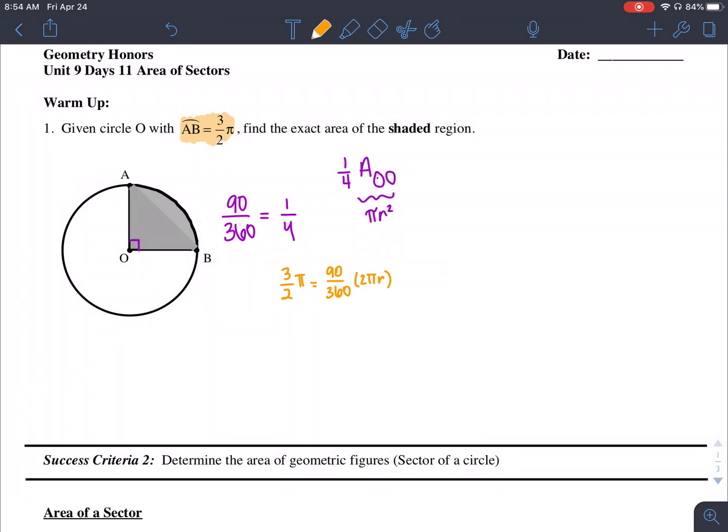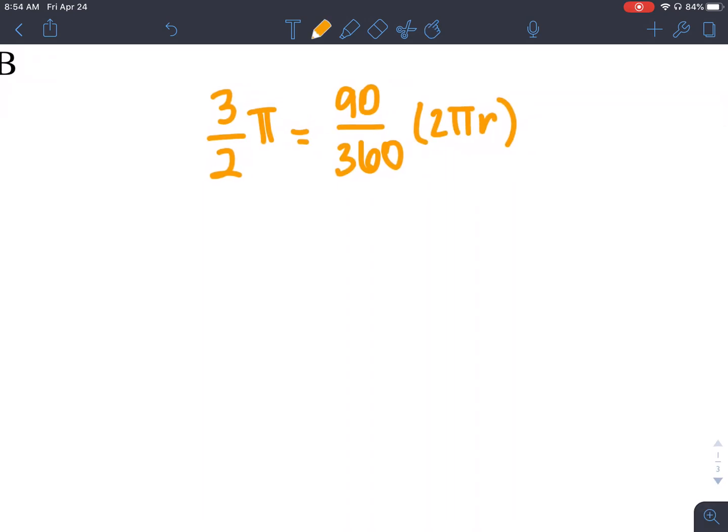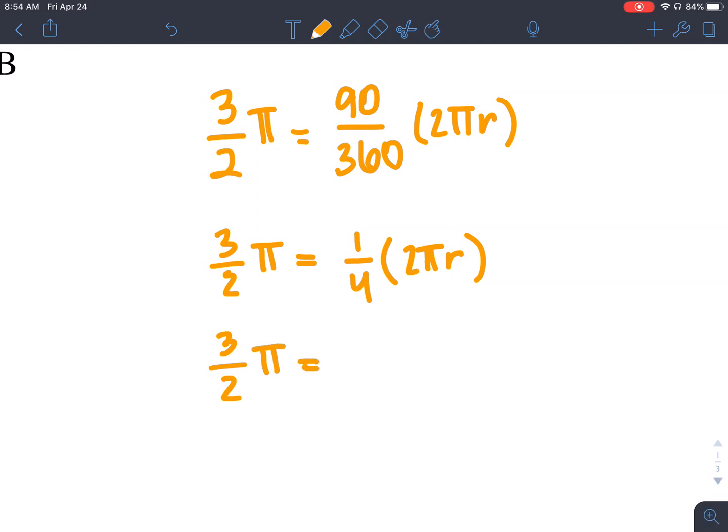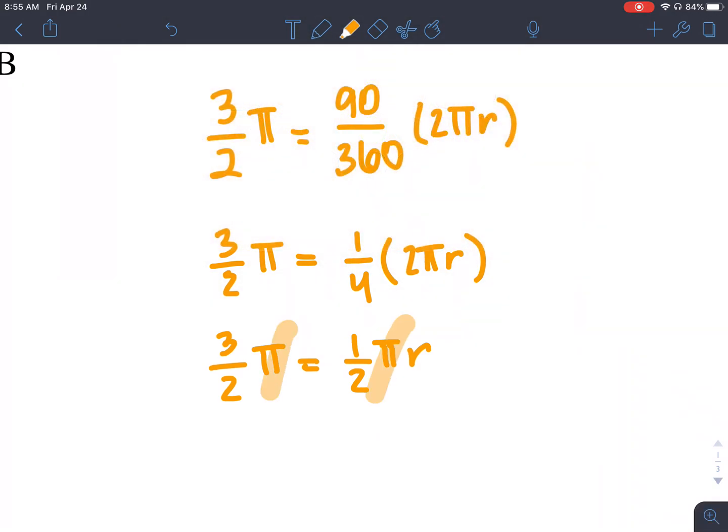Okay, so now I'm just going to reduce what I can there. So 3/2 pi equals 1/4 times 2 pi r. And then if I multiply that 1/4 in, I have 1/2 pi r. I could divide both sides by pi, and now those cancel.